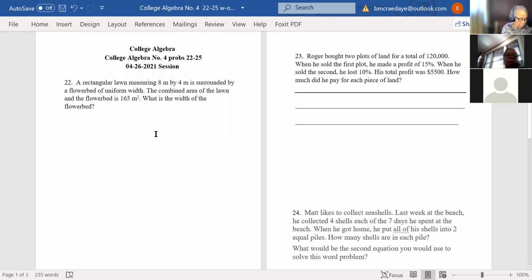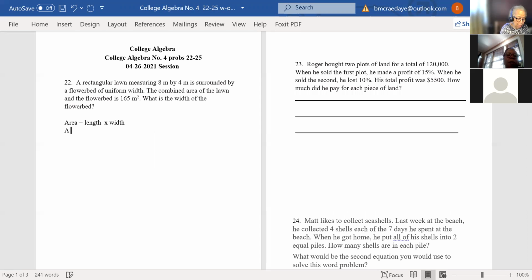So let's just put what Latoya said. Area equals length times width. And just to put that in the short form, we say A equals L times W. So we're given the area and we're given the dimensions of the lawn.